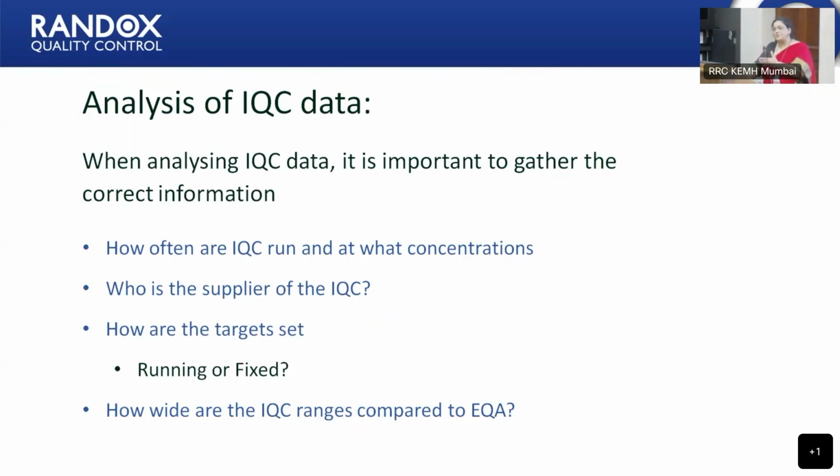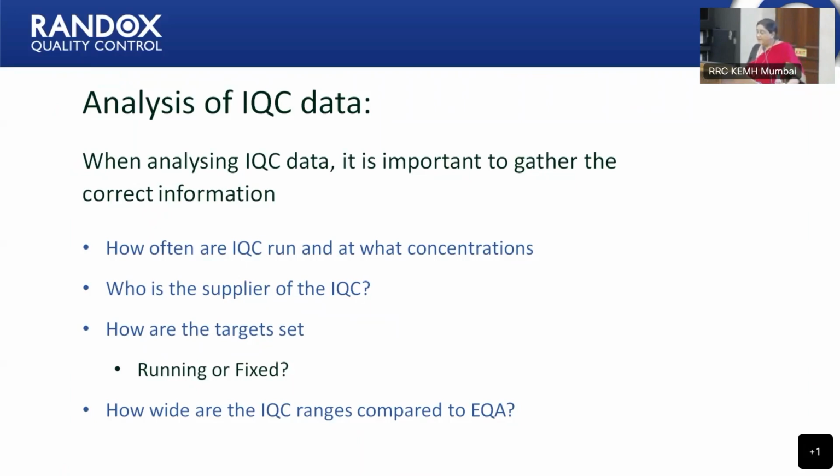Because in turn, it is going to affect your patient results. Whether it is showing positive or negative bias, your patient results are also going to show a similar difference in the actual values. So while assigning the labeling, it is very important that you check your accuracy. If the accuracy is not affected, you can safely assign the labeling.